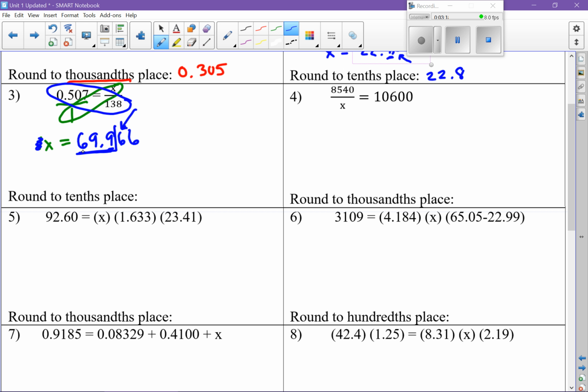If I rounded 699 up, it would become 70.0. The 9 rounds up, which rounds the other 9 up, which rounds this 6 up to a 7. I want to stop at the tenths place, so I only want one thing left after the decimal, and these 6's drop away. Alright, again, same thing.